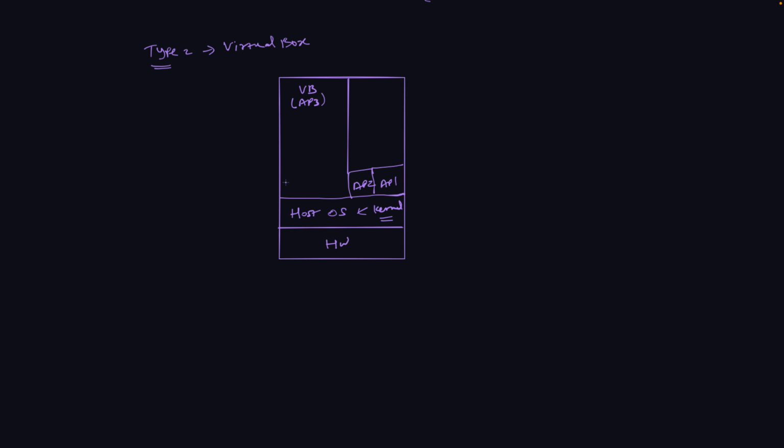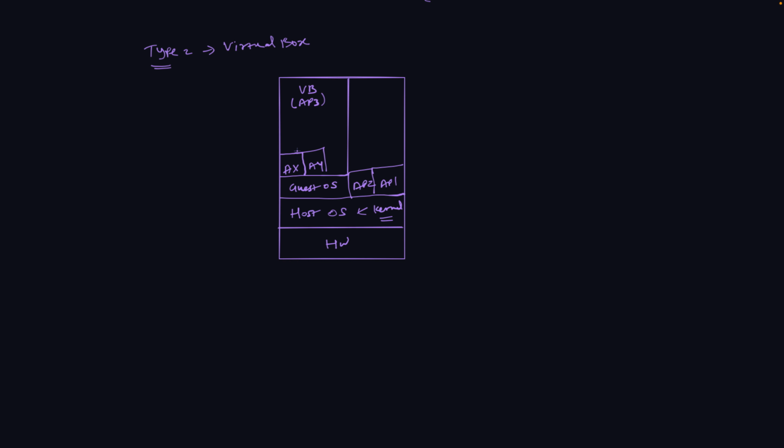But the difference is, within this application, we are going to have another operating system. This is called guest OS. And on top of this guest OS, we are going to have applications running on this guest OS. So let's call it application X, application Y, and so on.